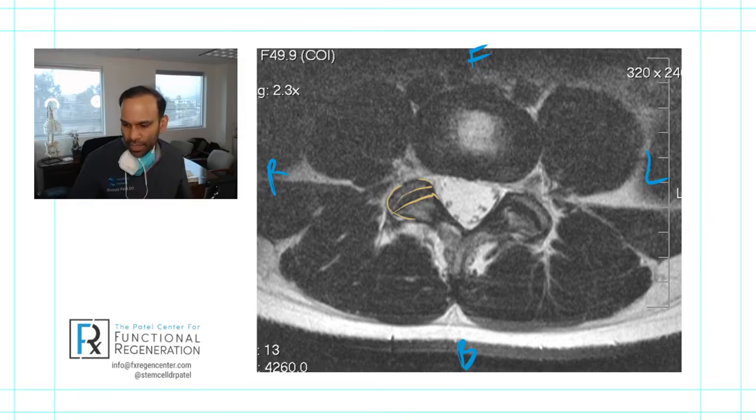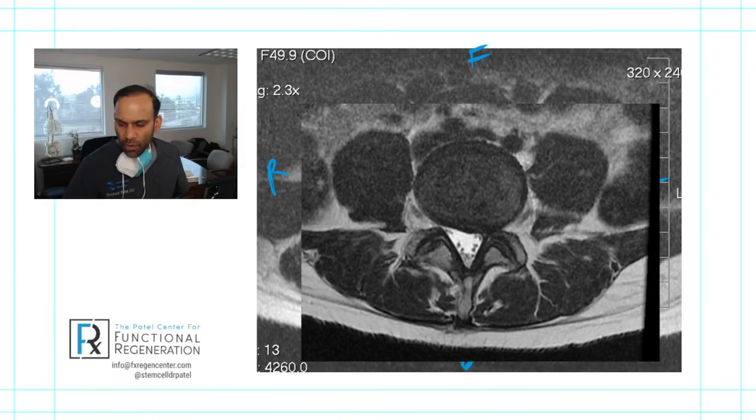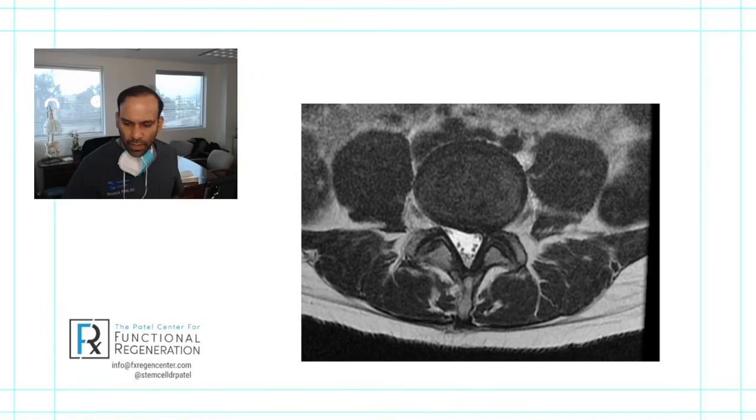So I will continue. Now that we know what normal looks like, let's take a look at some abnormalities here. So this is an example here of a little bit of some worsening osteoarthritis. I'm actually going to make this a little bit bigger for us.